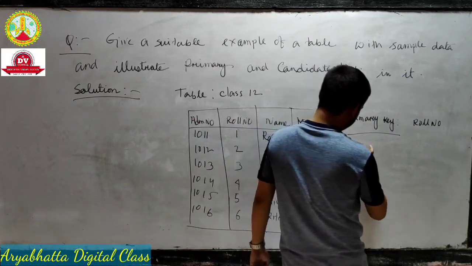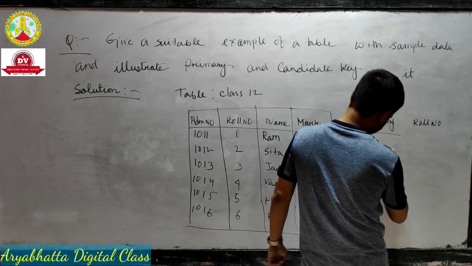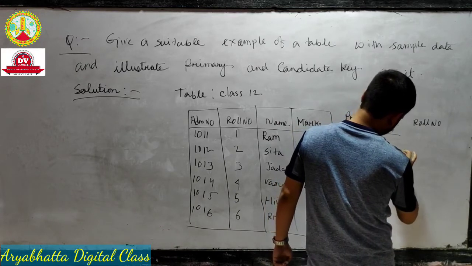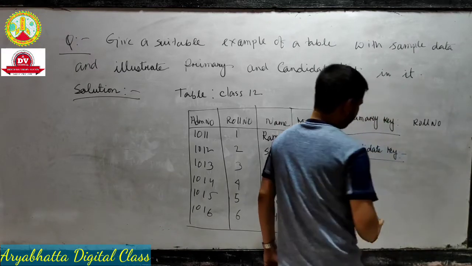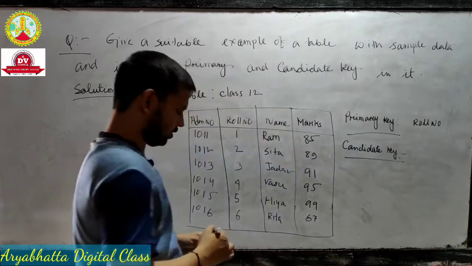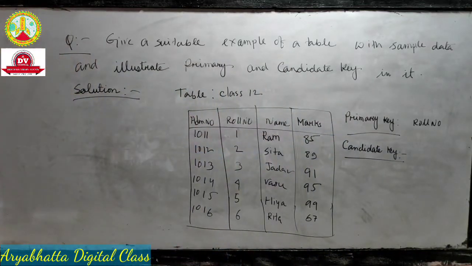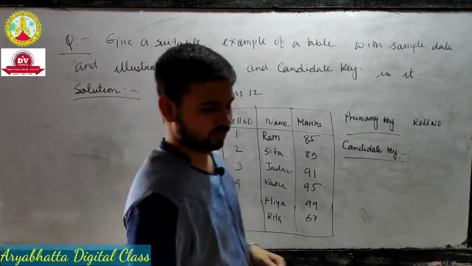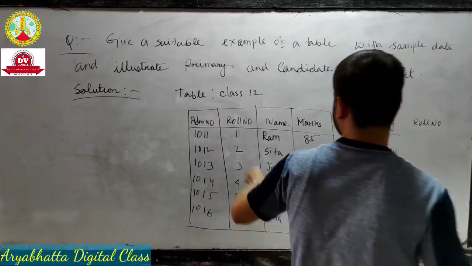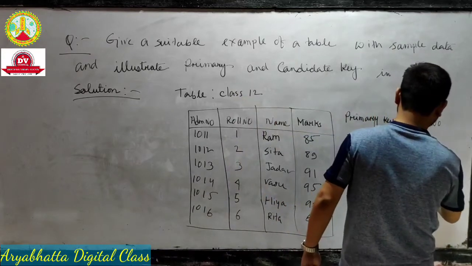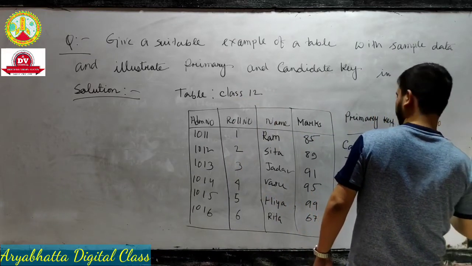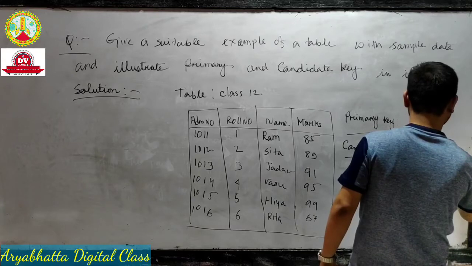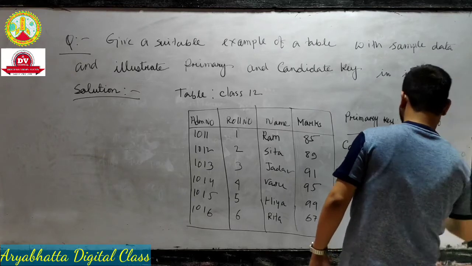And what is candidate key? Candidate key is also, you can say, the superset of combination of attributes and is the superset of primary key. Means candidate key, there are two keys, admission number and roll number.